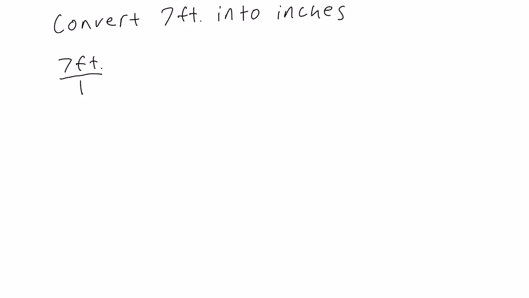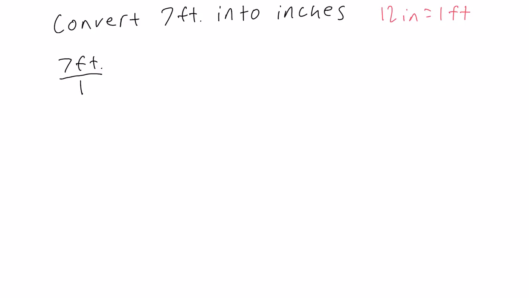Now, how do we convert feet into inches? Well, how many inches are in a foot? 12, right? So, we know that there are 12 inches in 1 foot. So we want to take this and turn it into a fraction. We're either going to say 12 inches over 1 foot or 1 foot over 12 inches.